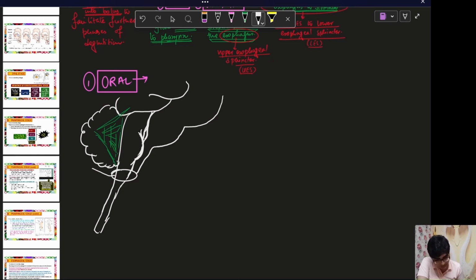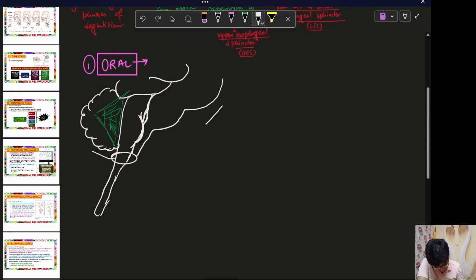Okay, now this is my eyeball over there. This is the nasal cavity. This is the portion of the hard palate, and this is the portion of the soft palate.